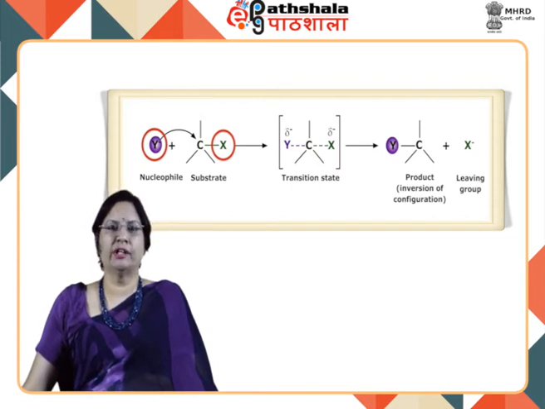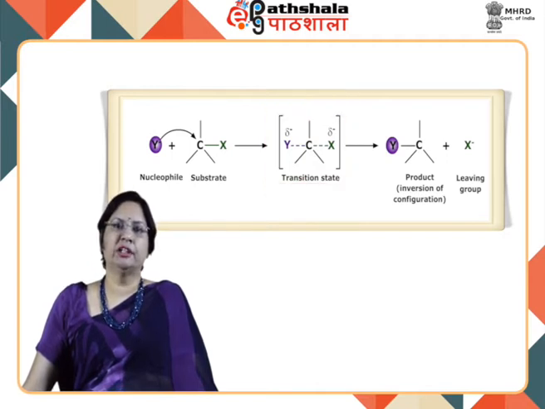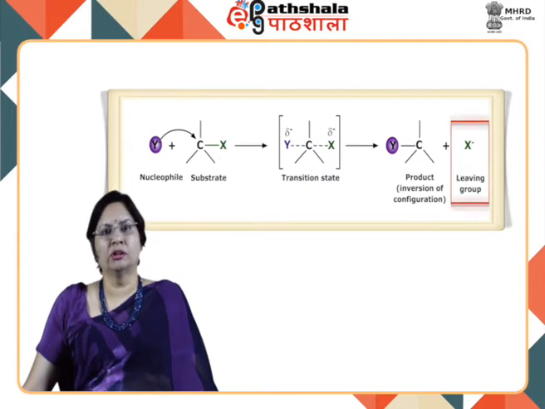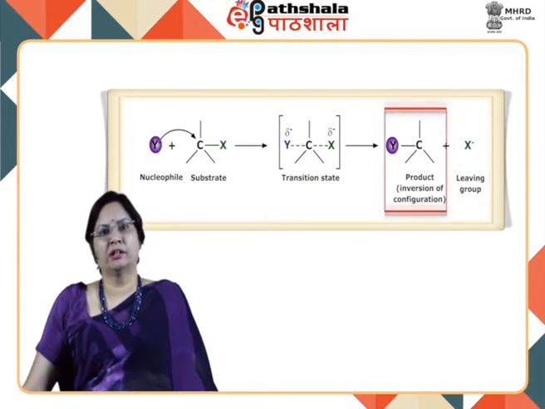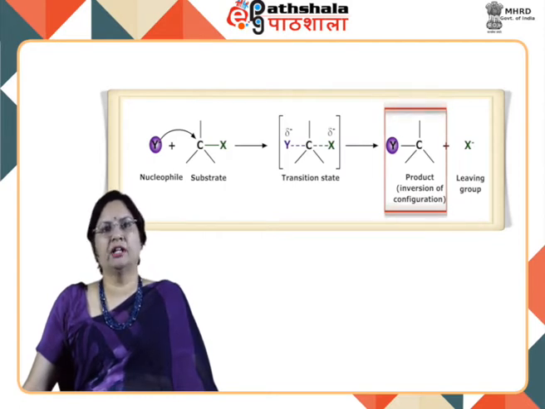So, this nucleophile attacks from the back side, and as a result we get this transition state. You can see that here the attacking nucleophile and the leaving group X are partially being formed and being broken, and eventually the leaving group goes out and you get the product where you can clearly see the inversion in configuration happening if we start from a chiral carbon.